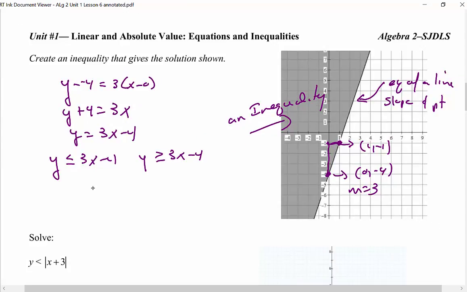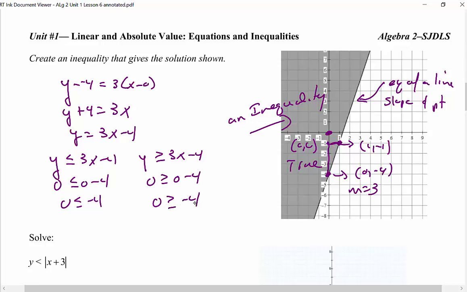Okay, so how can I decide? Well, look at here. According to the shading, (0, 0) is supposed to be true. So if I put in (0, 0), one of those is supposed to be true. So which one is true? 0 is less than or equal to -4. Not this week.